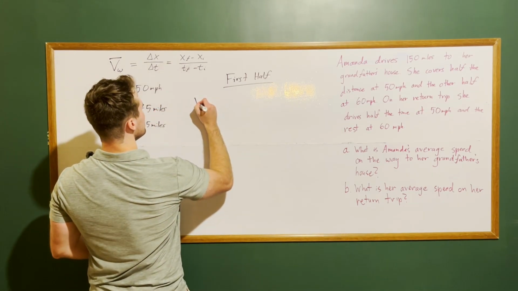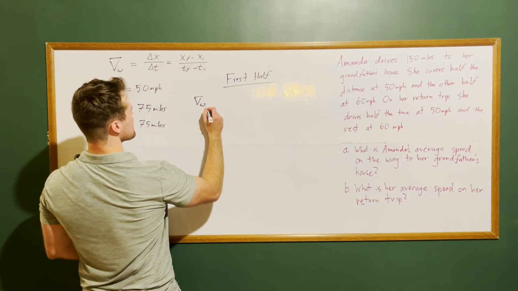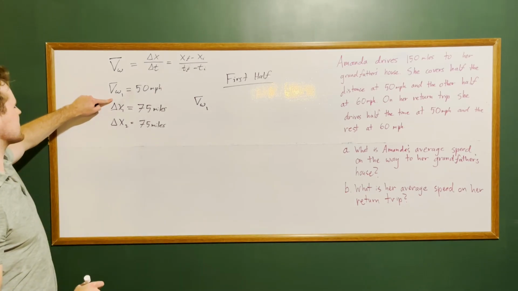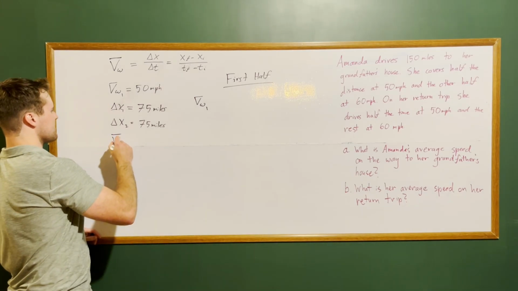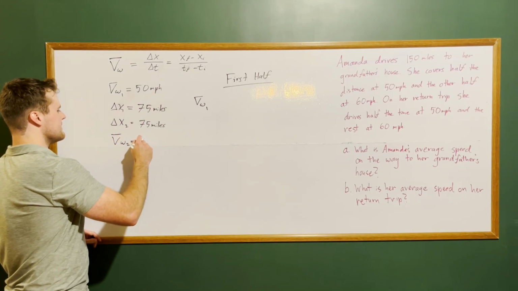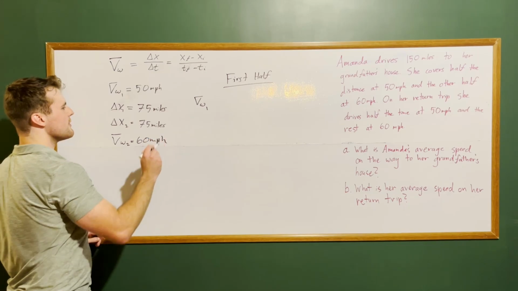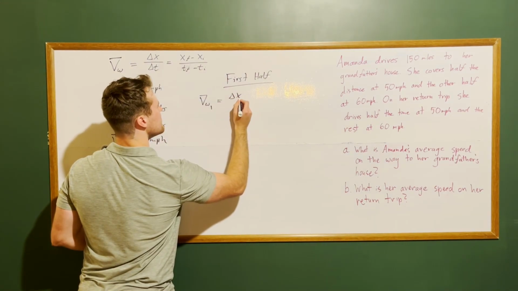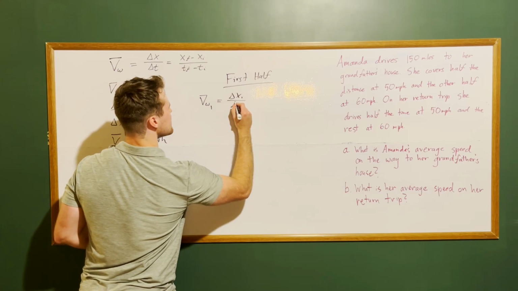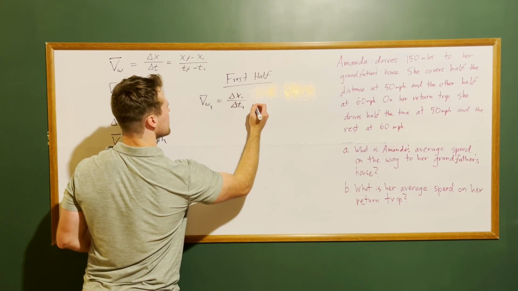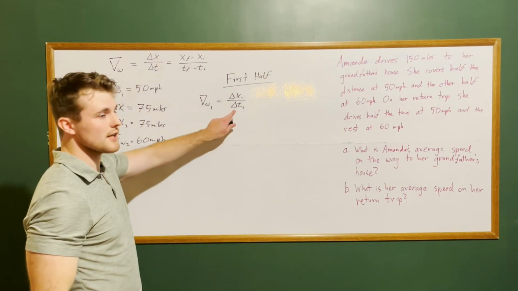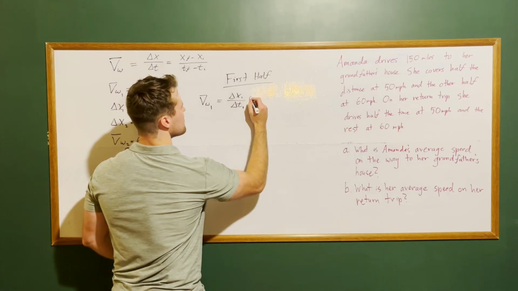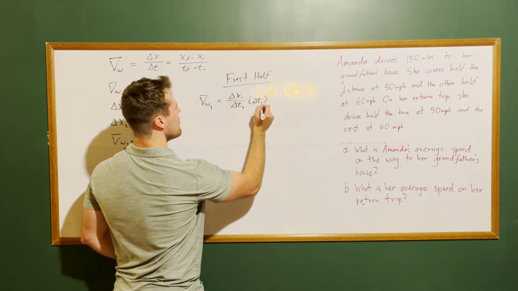We have V bar sub W, and I'll just say 1 for this. And of course, I forgot to write the other one, 60 miles per hour, equals delta X1 over delta T1. So let's rearrange this for delta T. We multiply both sides by delta T sub 1.